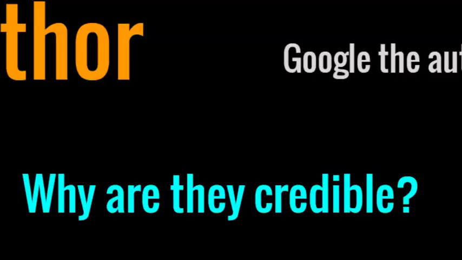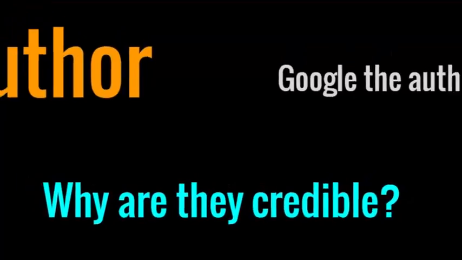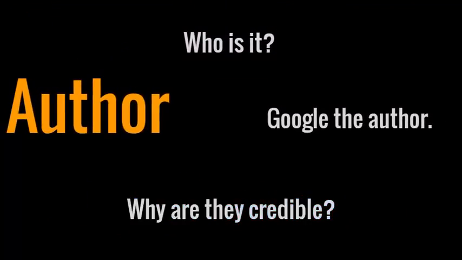What makes them credible? Are they an expert on this issue? Strong credentials would include being published, being a college professor, or consulting on the topic for respected groups. Learning about the author will give you an indication to the credibility of the author. Identify the author. Google their name to learn about them, and then determine whether they are credible or not.